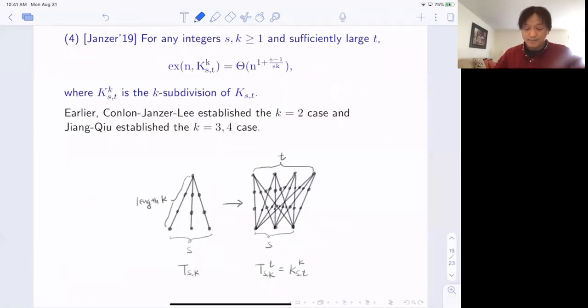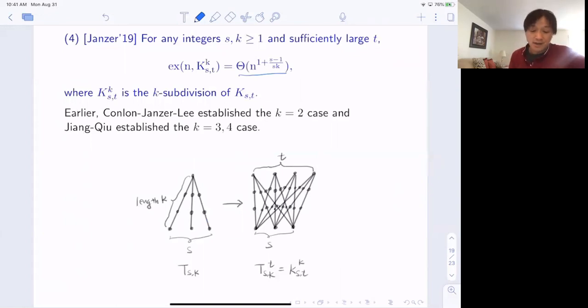So take the balanced spider, where all legs have length k and you have s of them. He showed that indeed the extremal number of this is also upper bounded by what's conjectured by Bukh and Conlon, and that for large enough t, you take t copies, glue them at the leaves, and you get this new sequence of exponents.